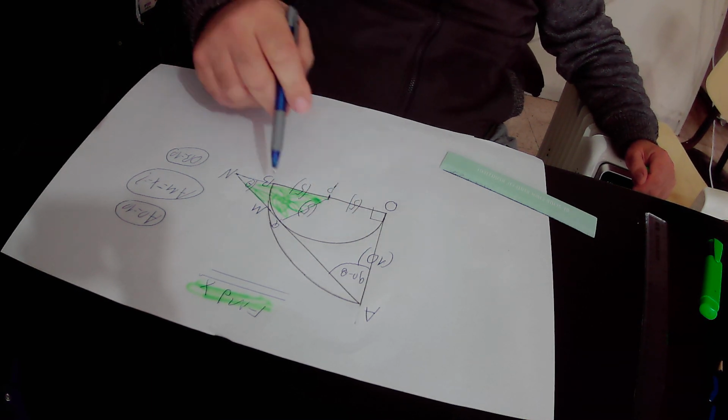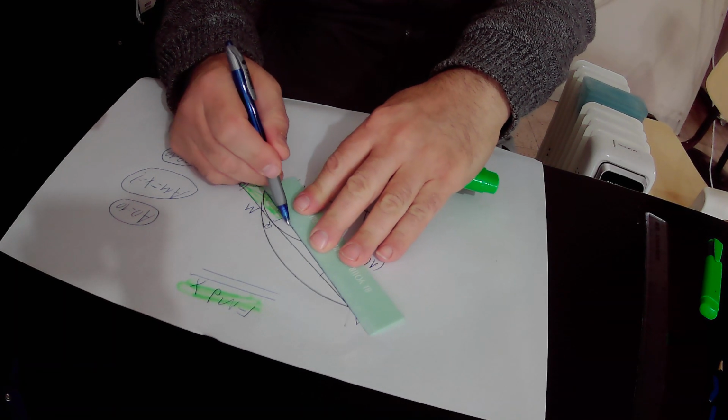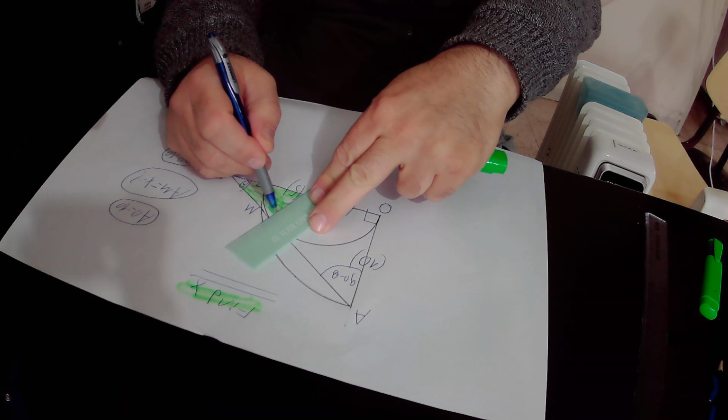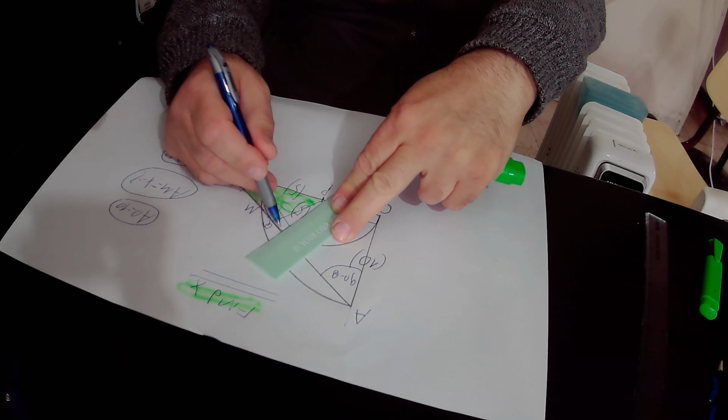If AM is perpendicular to QP, it means that this angle equals 90 degrees, and this angle equals 90 degrees according to rule number 1.